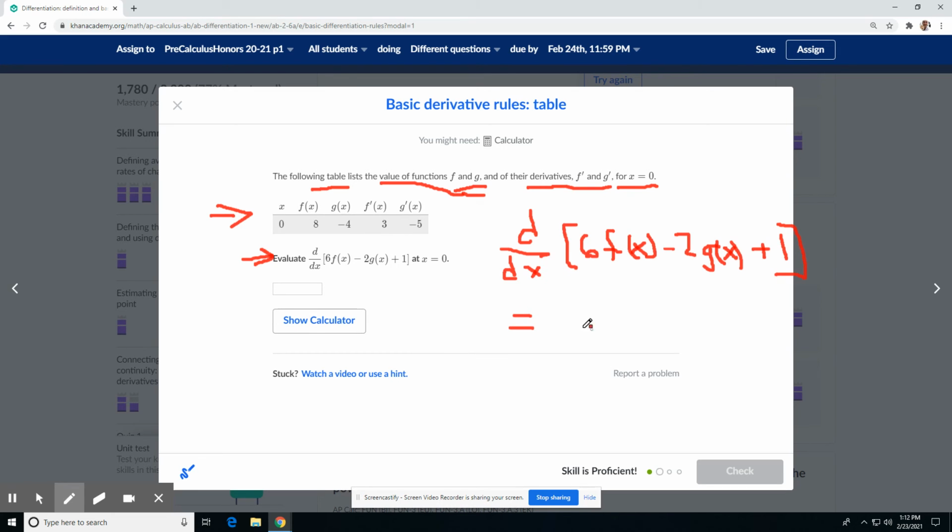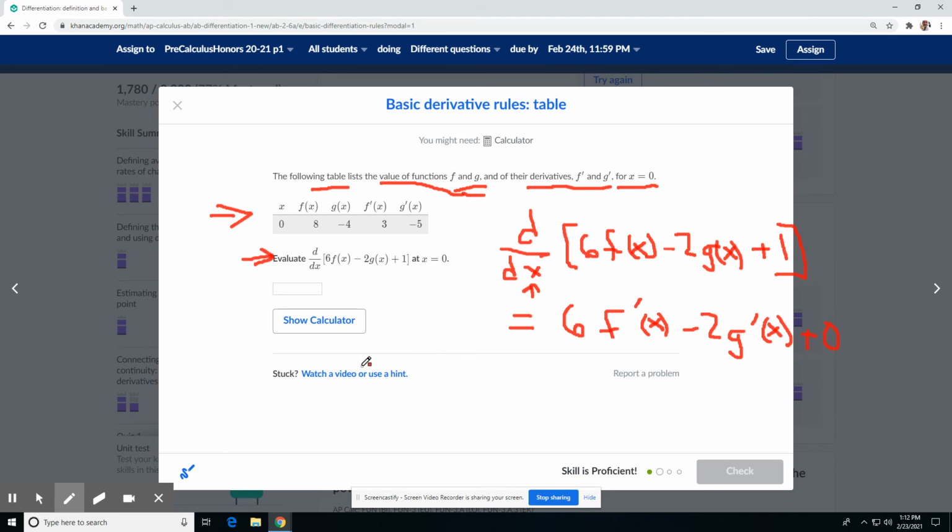So when we do the derivative, it's going to give us 6 times f prime of x. So that's the derivative of the f function with respect to x. That's the variable we're respecting. Minus the 2. The 2 goes out in front. And then it's going to be the derivative of the g function. And then the derivative of a constant is always 0.